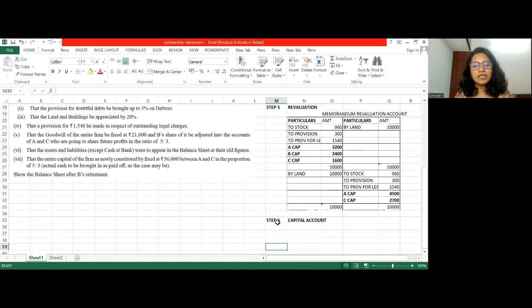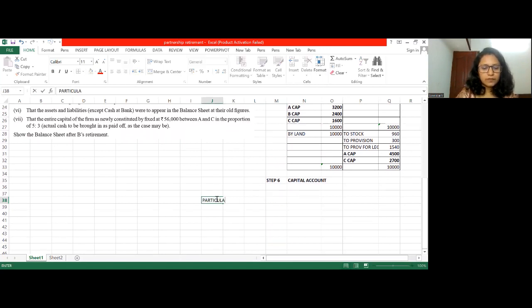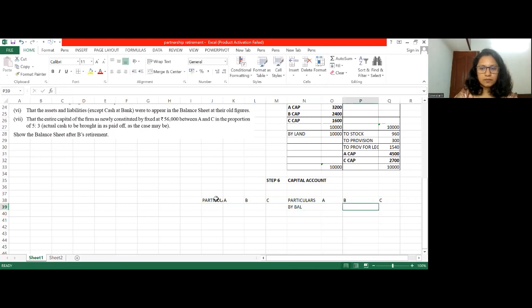And then we come to the last step, which is the capital account and then balance sheet preparation. So capital account, particulars A, B, and C. Bringing down the capital.